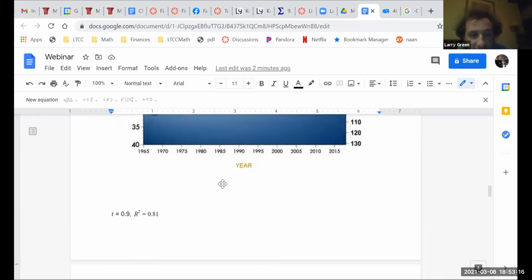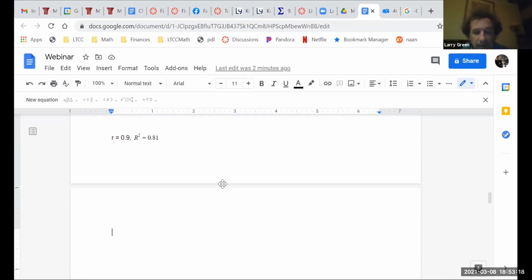So now let's write that down in words. We can say that there is a large standard deviation in the lake clarity, or depth of lake clarity.